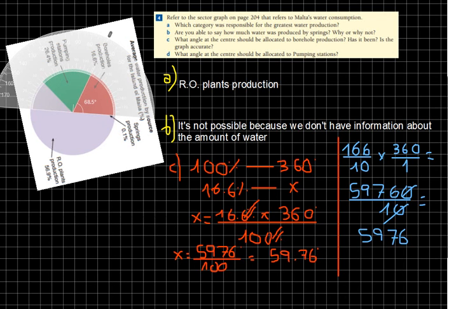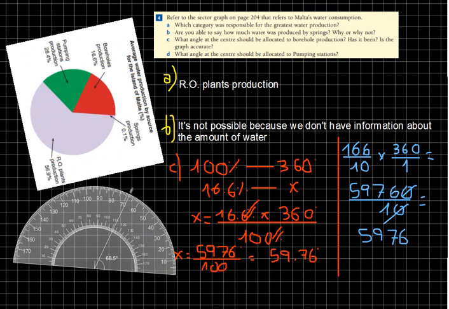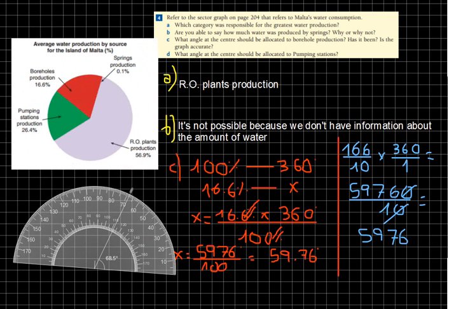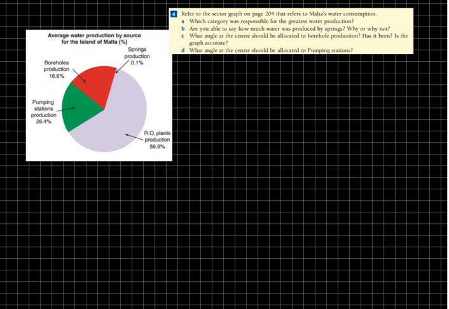All right. Now, part D is asking what angle at the center should be allocated to pumping stations. All right, this time we gotta do the same, but now we can't forget that pumping stations production is equal to 26.4%. So let's start with part D, and once again we're going to use the rule of 3.